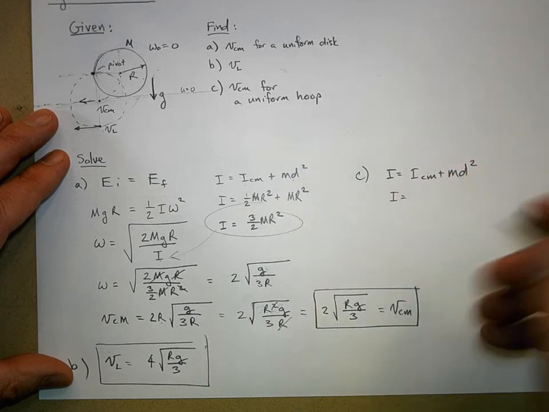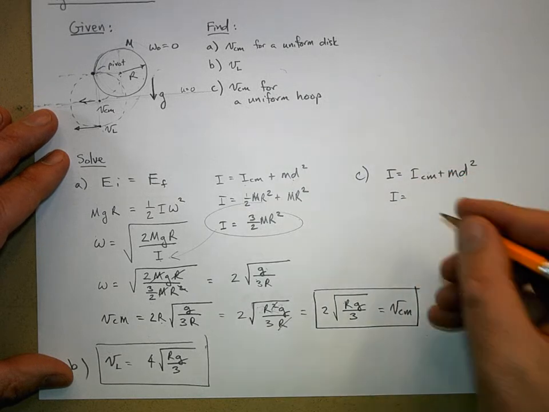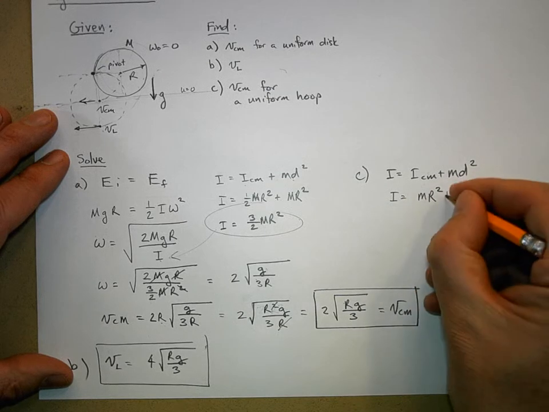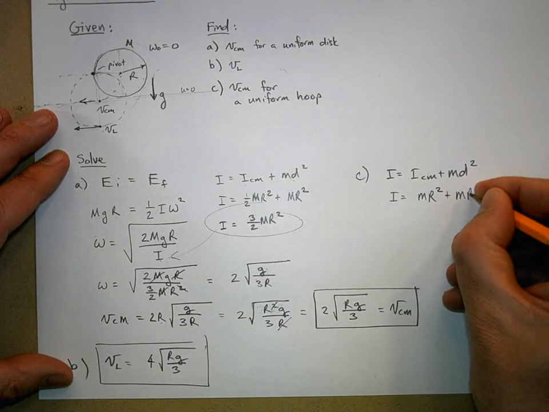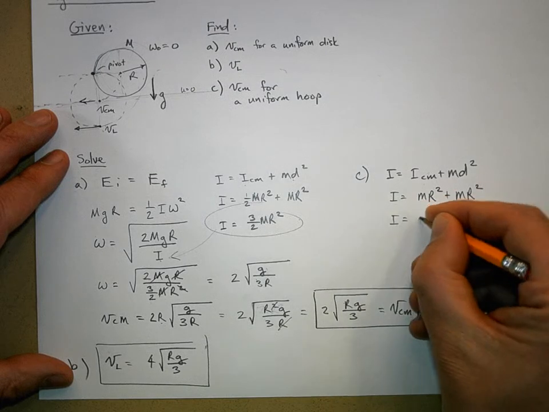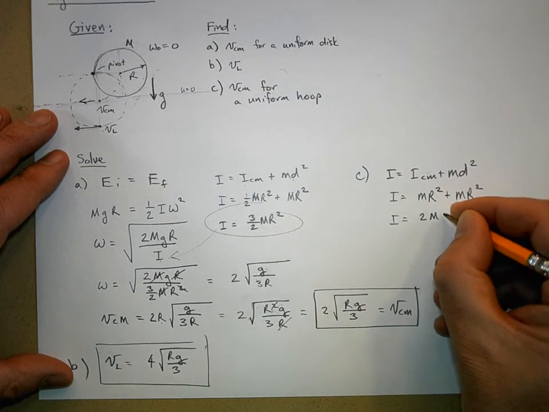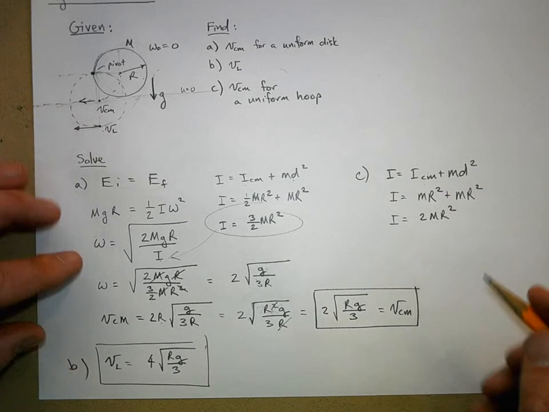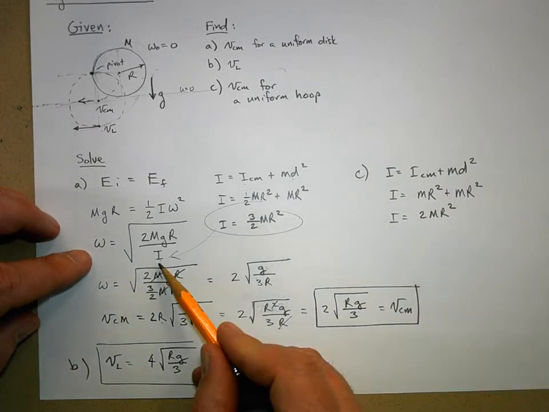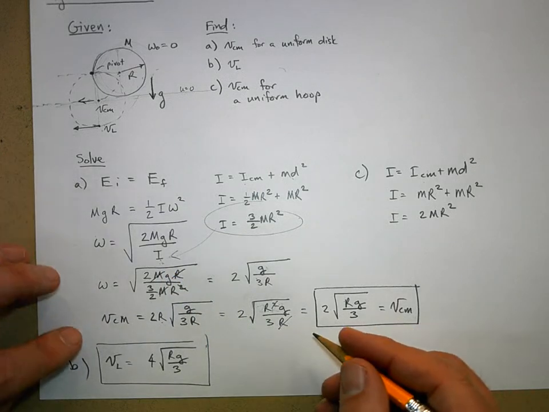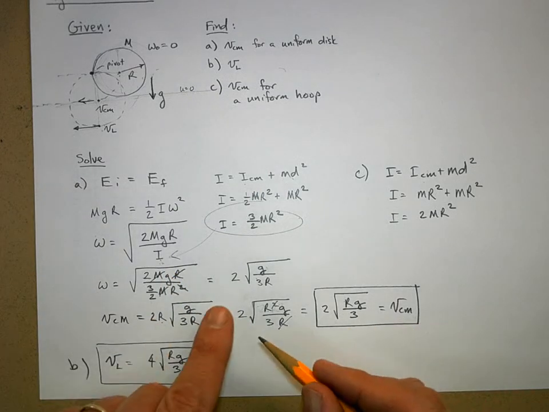Well, what is the rotational inertia for a hoop? It's mr squared plus, and then this is just going to be mr squared. So I is just going to be 2 mr squared. And so that's what we're going to substitute in here for omega. And actually, yeah, we'll just do that.